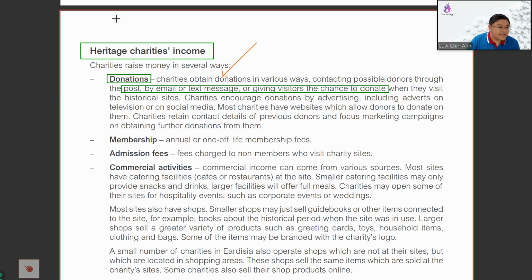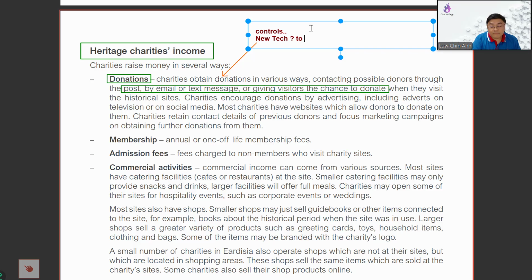You know, all these things give me a strong urge to relate to controls. How do you make sure that the money will not go missing? And what can be the new technology that can be used to make all these processes more secure, and also improve the efficiency of getting the money and so on.